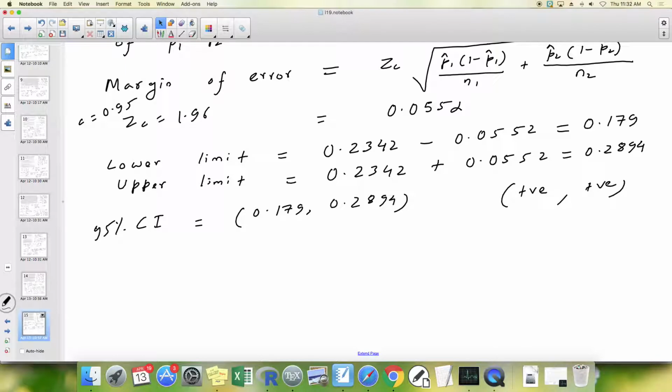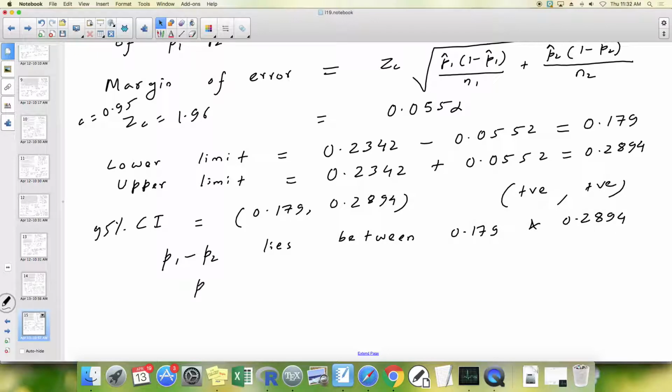That means P1 minus P2 should always be positive. So P1 minus P2 lies between 0.179 and 0.2894. Hence, P1 minus P2 is always positive.